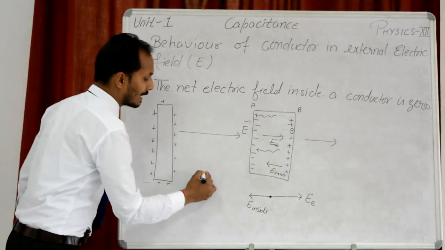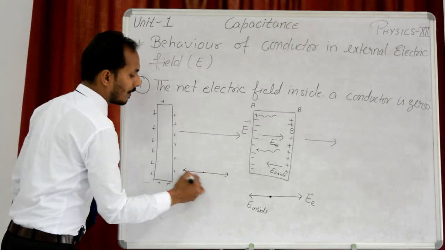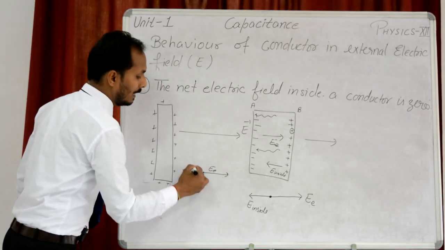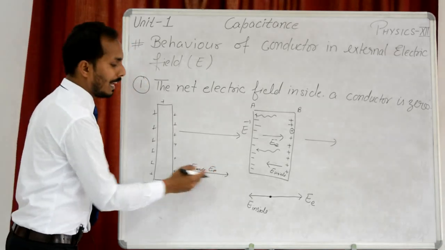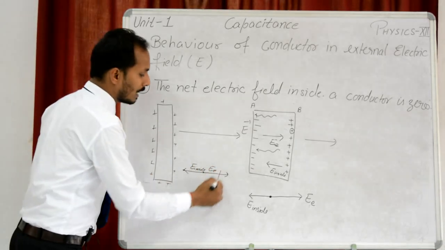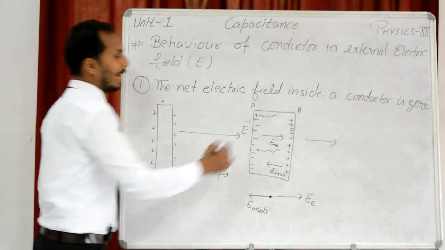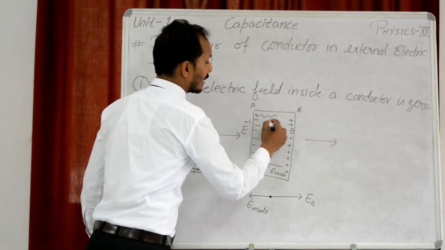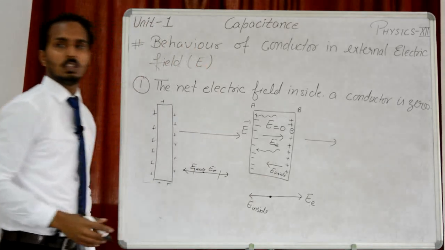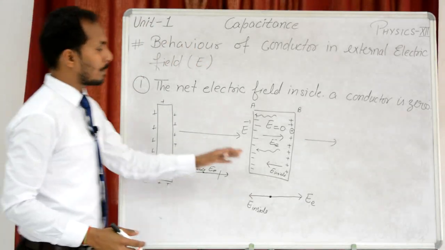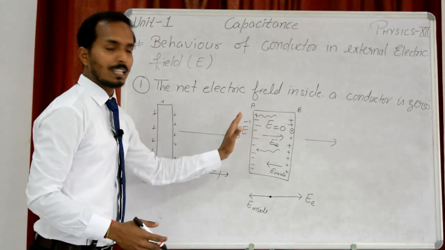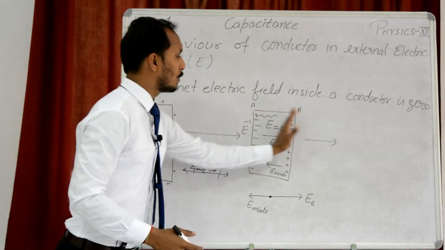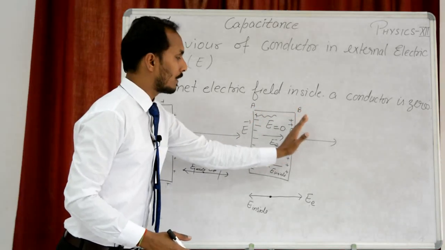So the external electric field and internal electric field become equal, so they cancel out and the net electric field inside the conductor becomes zero. This is the process: some electrons are shifted to one surface and some positive charge to the other.